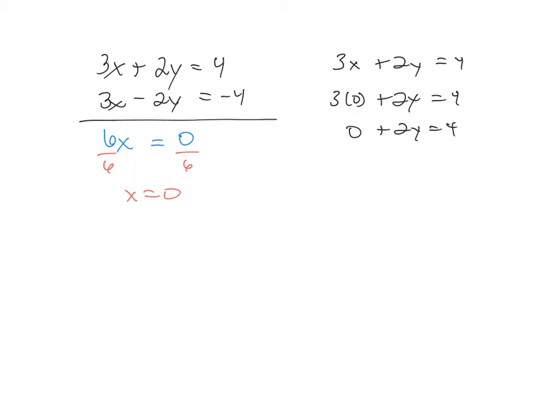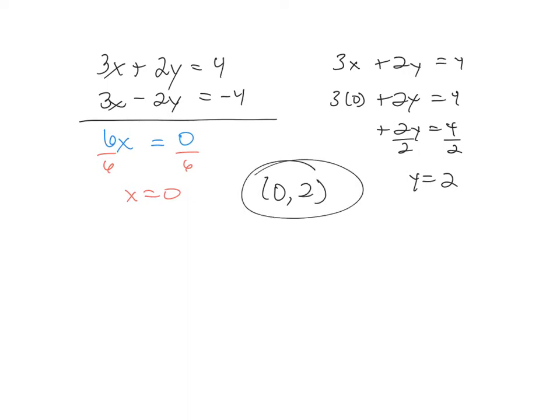So 3 times 0 is 0, so basically that's gone. Divide by 2, and y equals 2. So combine your two things to make a coordinate, and you're good.